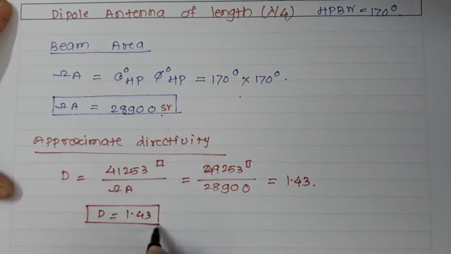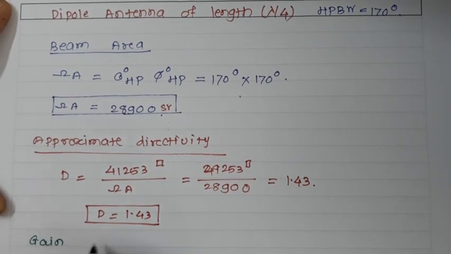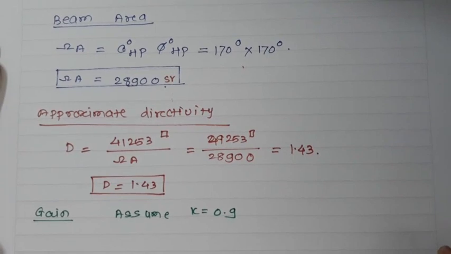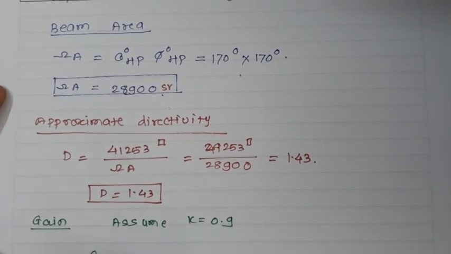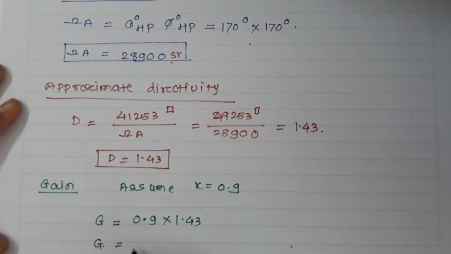How to calculate the gain for this antenna? Assume that the efficiency of your antenna is 90%, so K is equal to 0.9. Then G is equal to 0.9 into 1.43, so I have got the gain equal to 1.28.